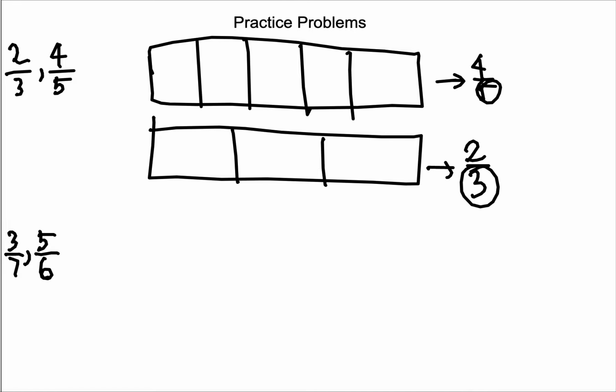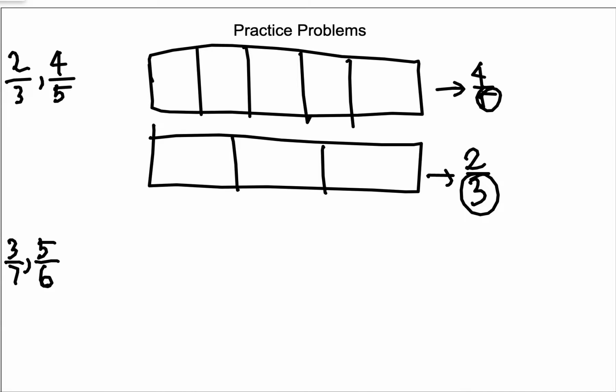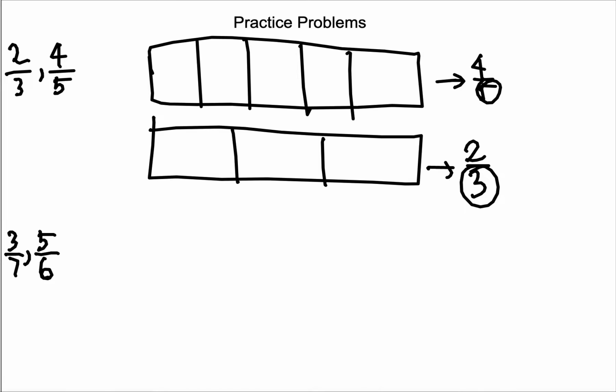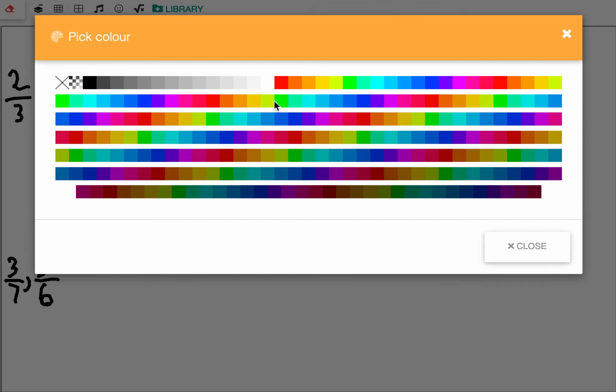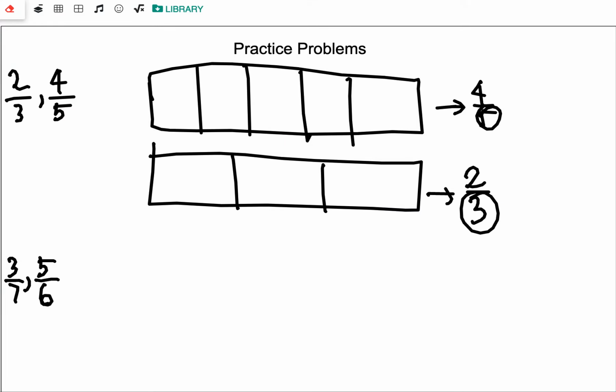Now we have to shade. To shade, I will switch the color of the shading so it is easier to understand. So for 4/5, we will shade 4 parts from the 5 parts we created, because our numerator is 4.